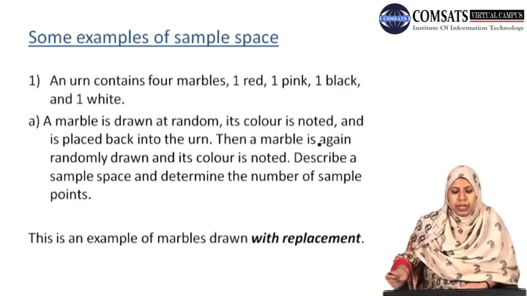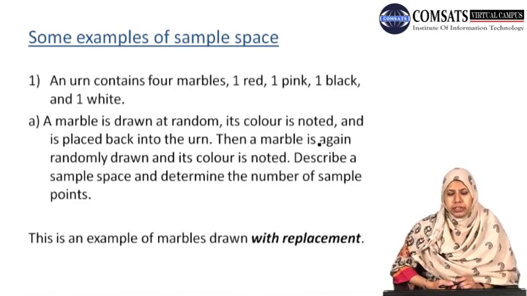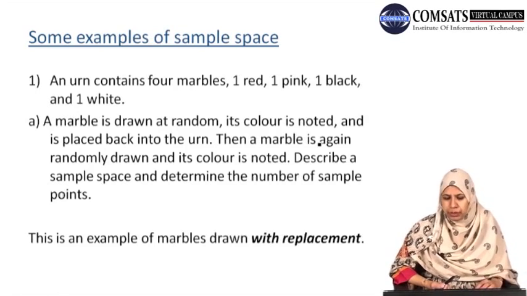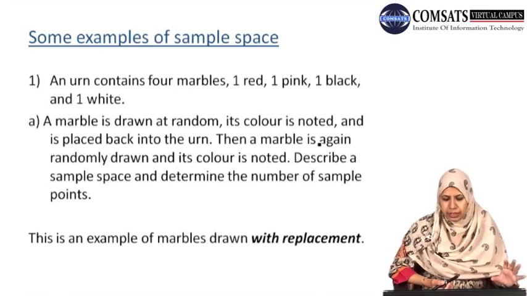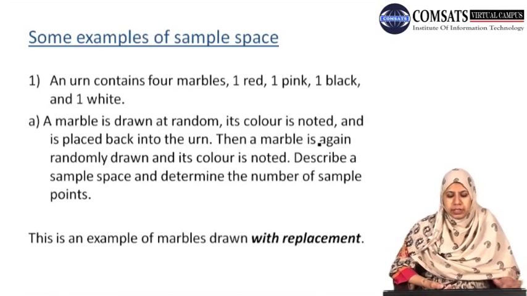A marble is drawn at random. That is, we take out 1 marble from the urn, note its color, and place it back into the urn. Then a marble is again randomly drawn and its color is noted. We are asked to describe the sample space and the number of sample points.